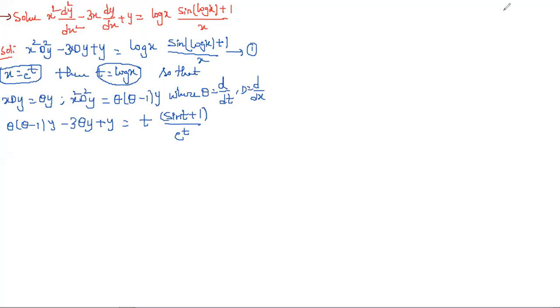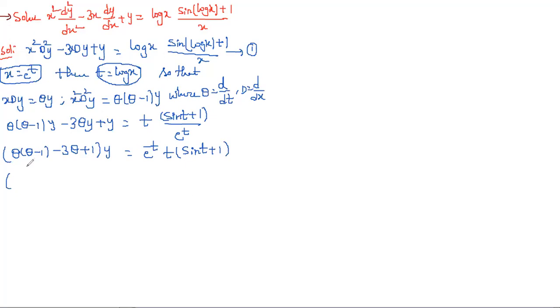Taking y as common, theta into theta minus 1 minus 3 theta plus 1 into y is equal to e power minus t into t into sine t plus 1.